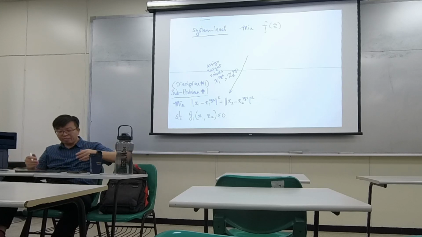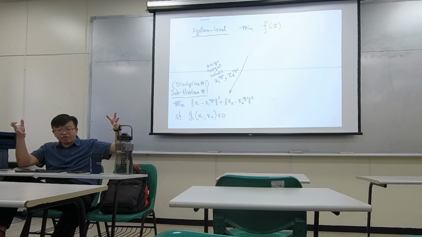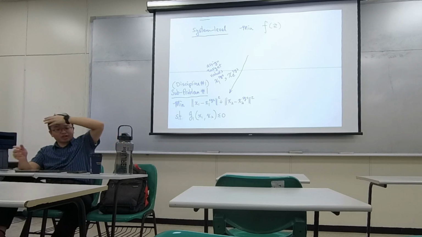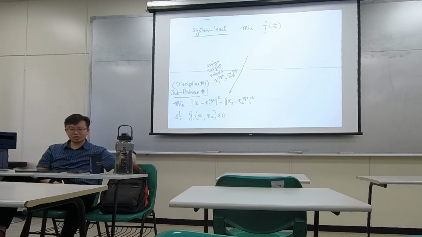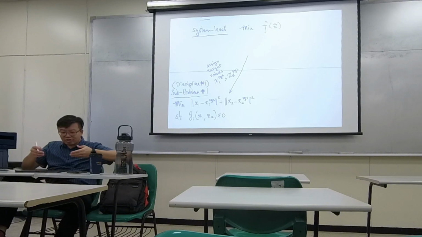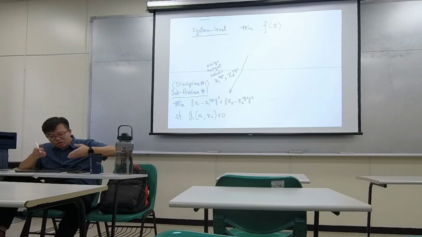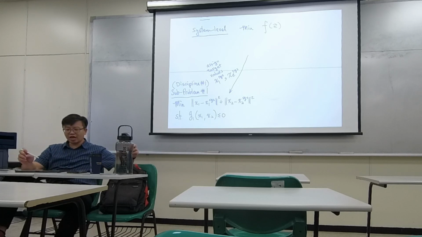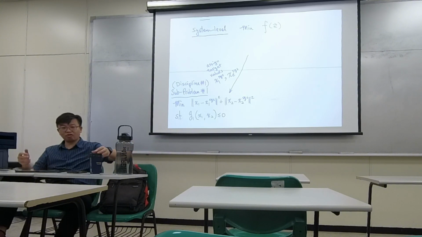So the target value may not be satisfying the constraint for this local discipline. But locally, when you solve subproblem 1, you will try to find the variable values x1 and x2 as close to the target value as possible, but meanwhile satisfying your local constraint.